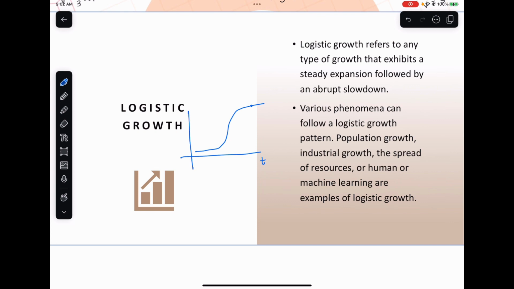This is in contrast with exponential growth. In exponential growth, the quantity increases without bound, toward infinity.